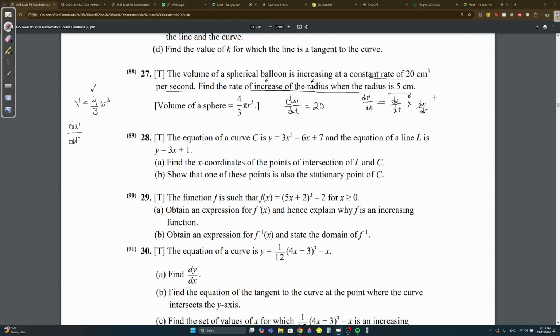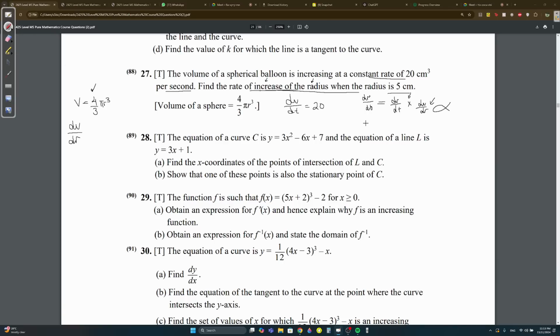But I want dt to be down and dr to be up, so I'd have to flip this. So I'm going to say dV/dt times dr/dV, because this way you can cancel and you'll be left with dr/dt. So this is how you solve in your exam.